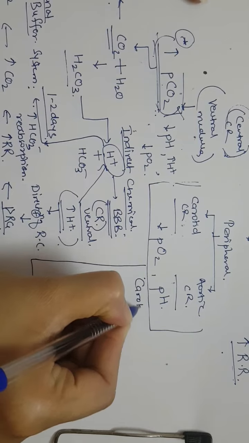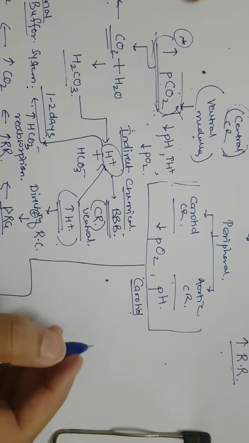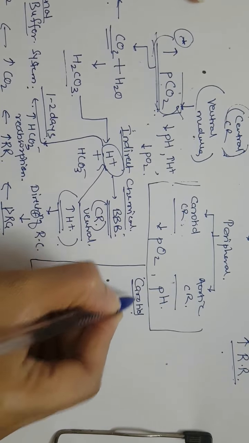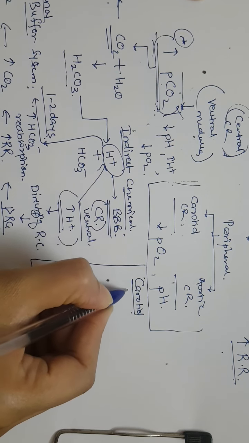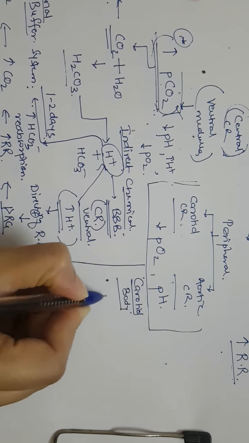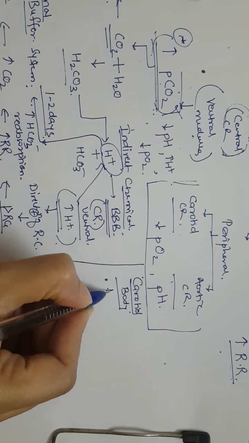The carotid body, which is present at the bifurcation of the carotid artery, is very sensitive to change in PO2.